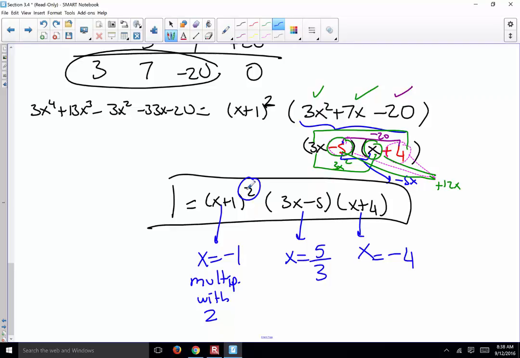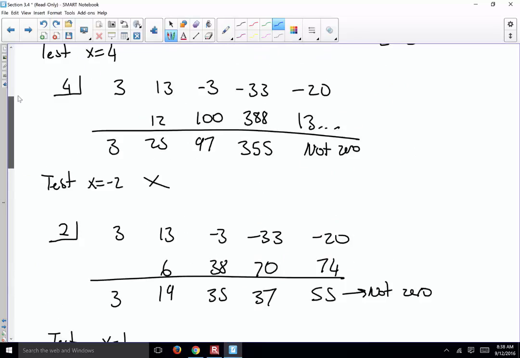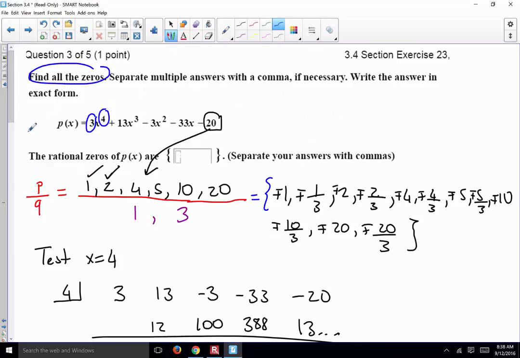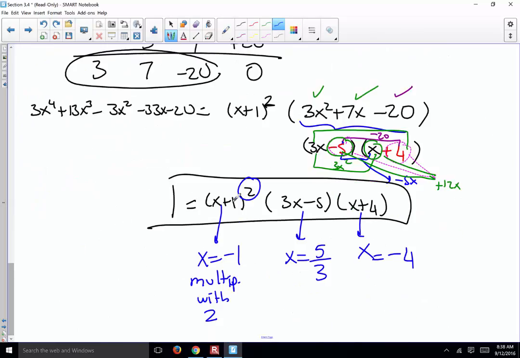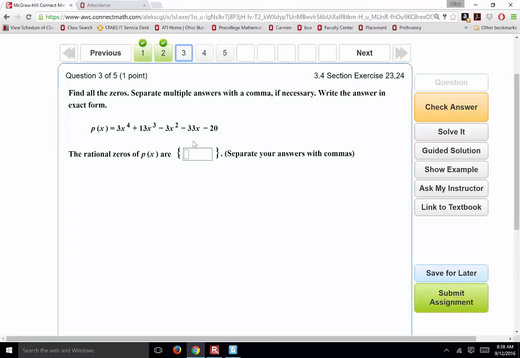So this number, the power, and the pieces of factors here always match. There are 4 factors: x plus 1, x plus 1, 3x minus 5, and x plus 4. Sometimes the same factor shows up twice. We call it multiplicity. You may have fewer numbers, a different variety of numbers. Okay, let's put this in here.